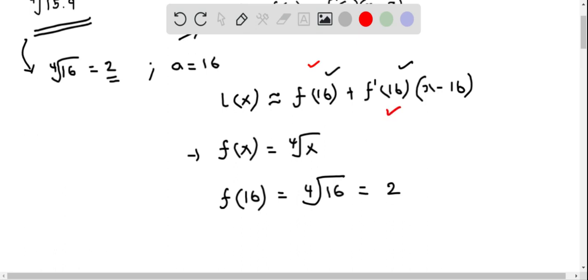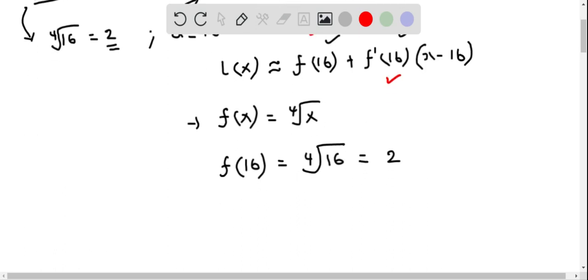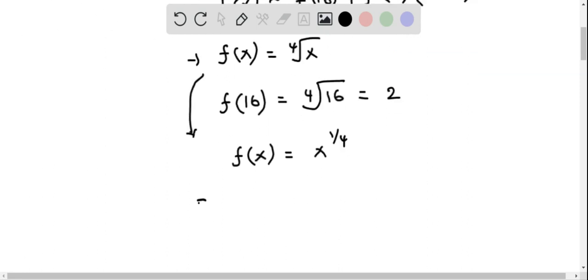We have to find the value of f prime of 16. For that, we have to find the derivative of f of x. So let me rewrite f of x in terms of powers of x. The fourth root of x can be written as x raised to the power of 1/4. Now we can find its derivative.